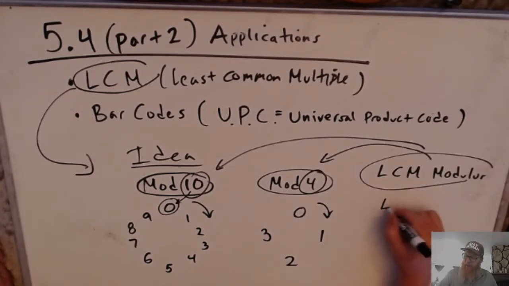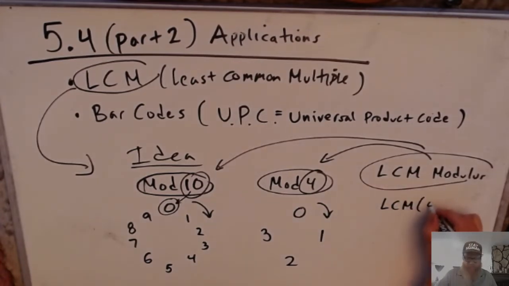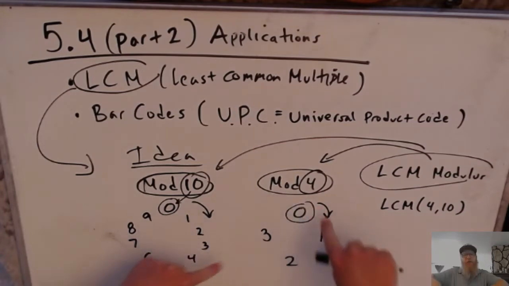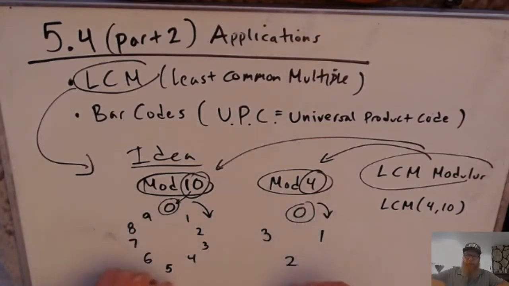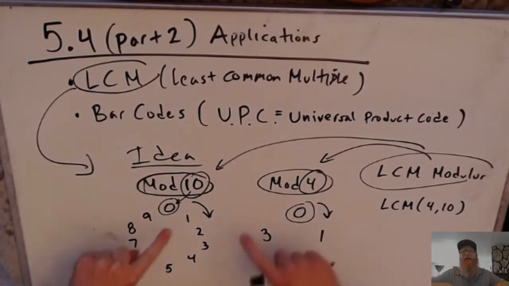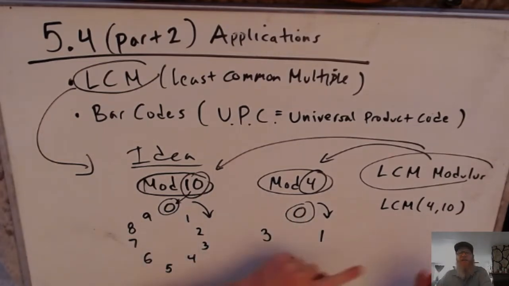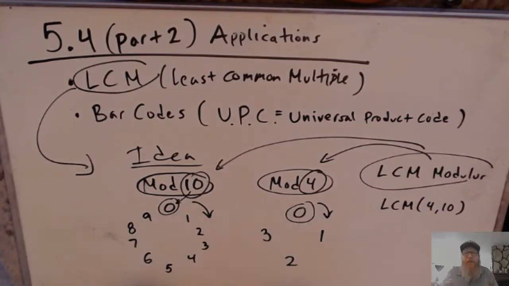So we call that the LCM of 4 and 10. Now, why would you want to do this? Well, you could think of these 2 moduli like clocks. That's the classic way to think about them. And so the LCM would tell you how often these 2 clocks would agree with each other.